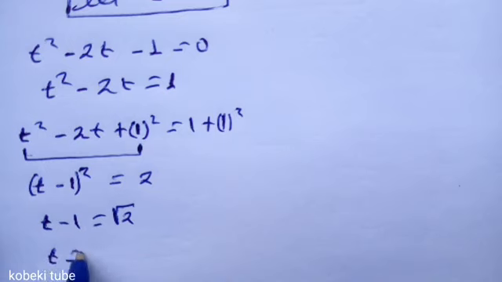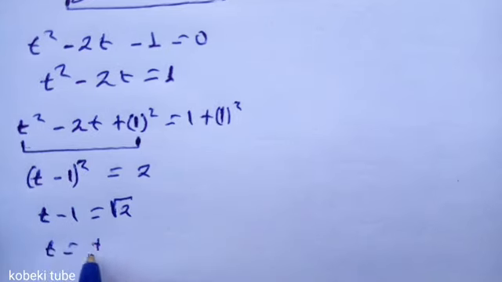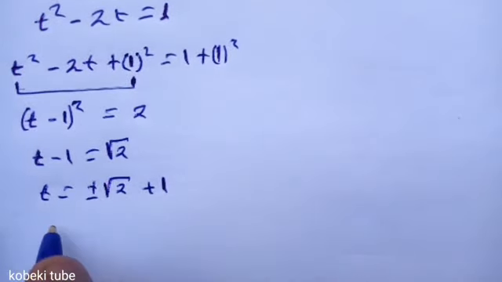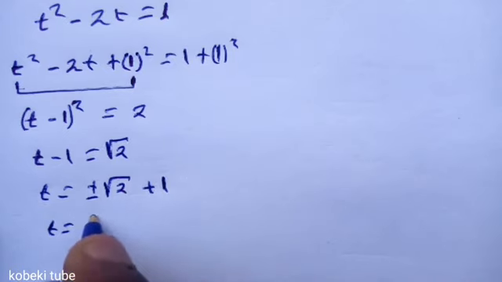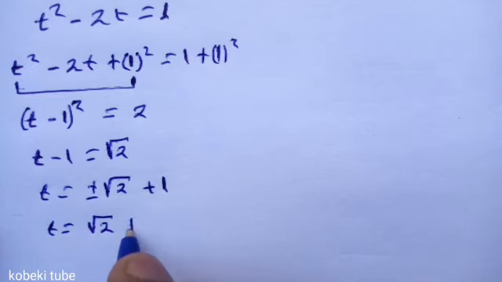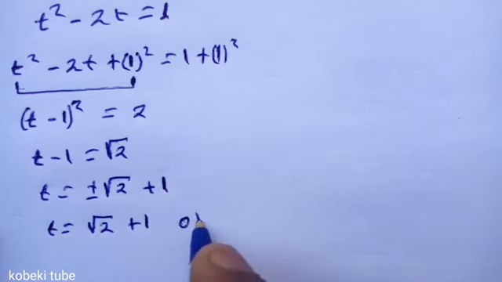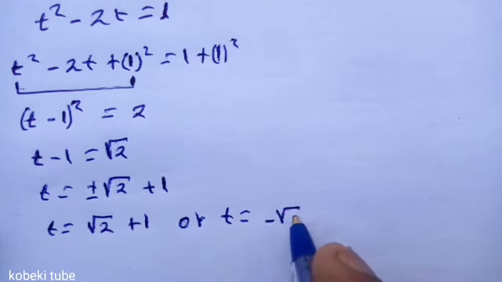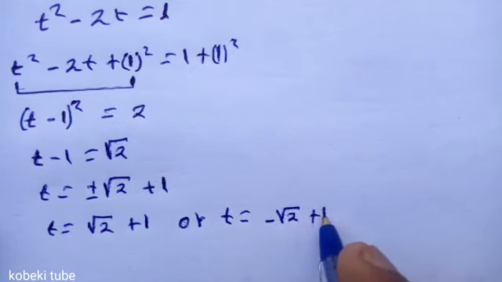Then t is equal to plus or minus square root of 2 plus 1, and so t will be equal to square root of 2 plus 1, or t is equal to minus square root of 2 plus 1.